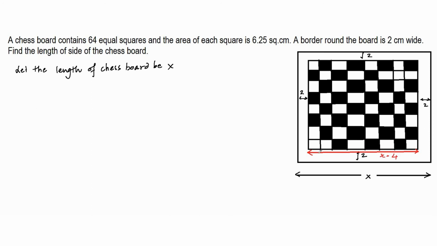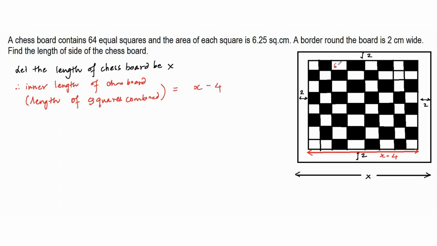Therefore the inner length of the chessboard, or just the length of the squares combined, is basically x minus 4.